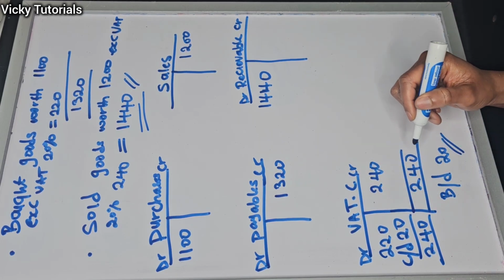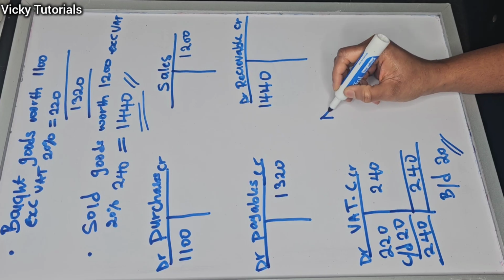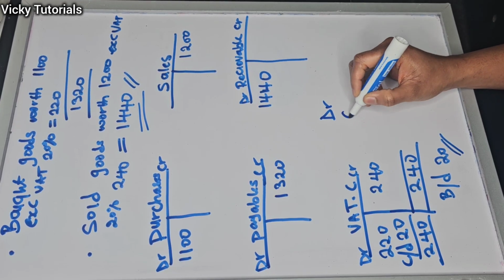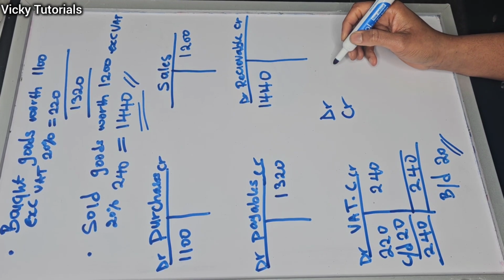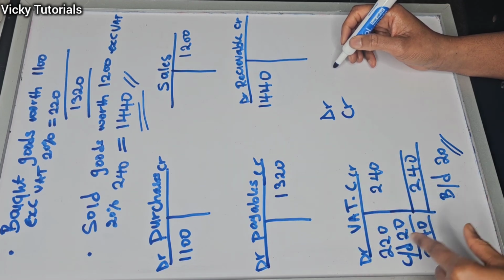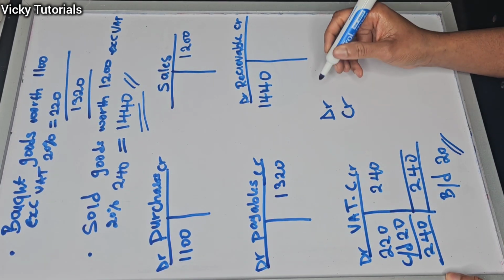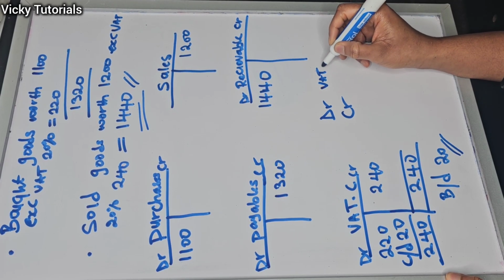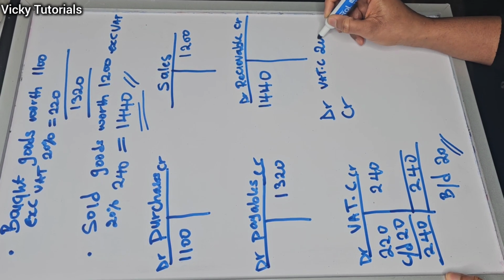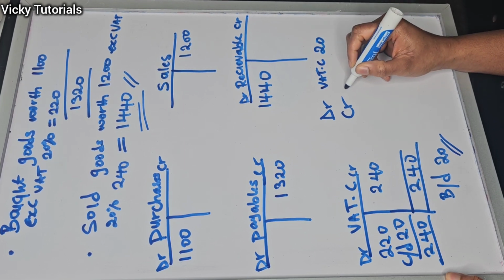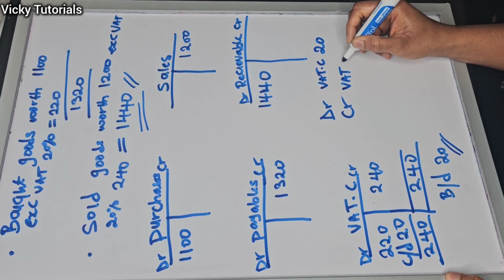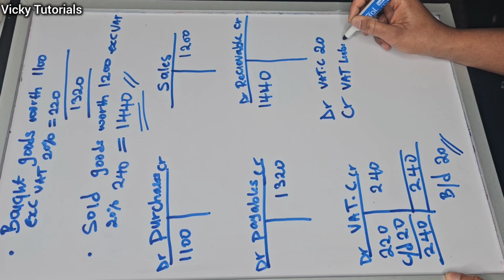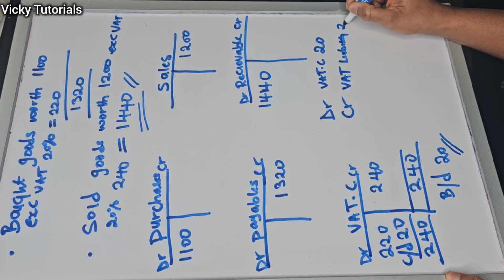We're going to close up this account by doing what? We're going to be debiting and crediting. What are you going to debit and credit? In order to close up this account and make it zero, we're going to be debiting VAT control account 20, and then we're going to credit VAT liability account, 20.